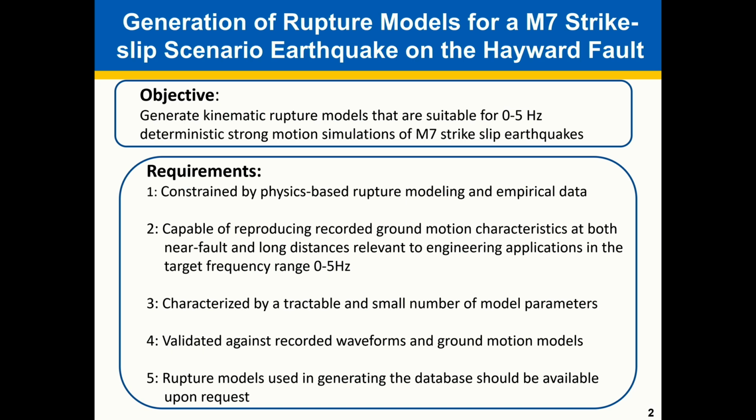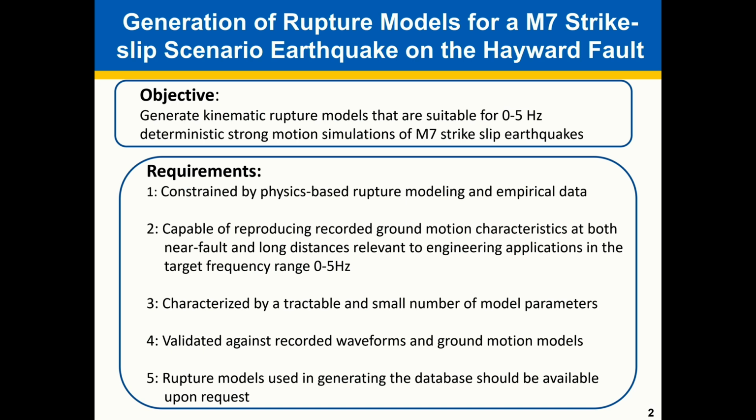They should be capable of reproducing near-fault ground motion characteristics, and not in terms of amplitude only, but also frequency content. And also, they should be able to produce ground motion at long distances by convolving those with the wave propagation.